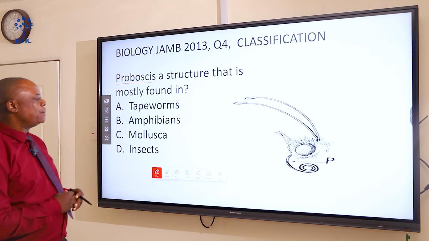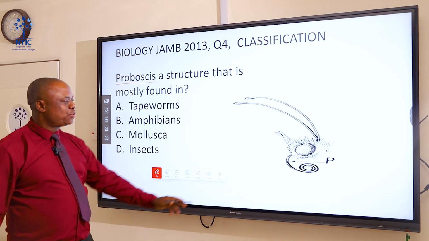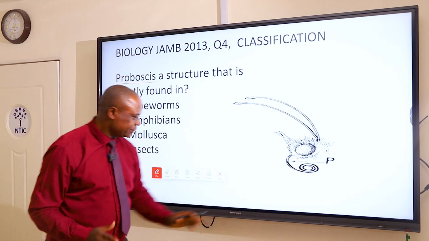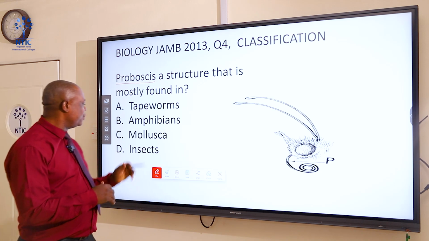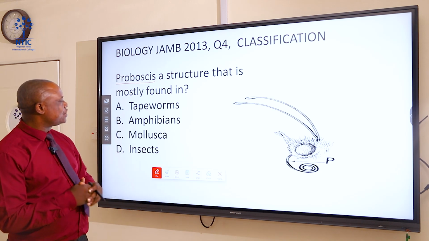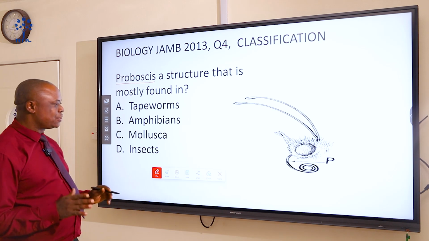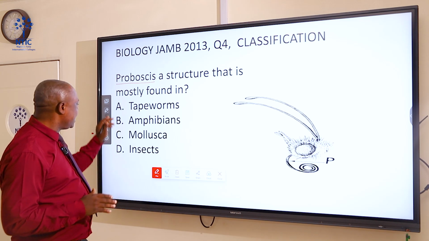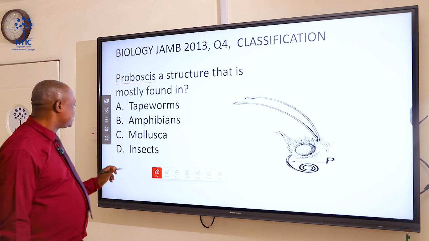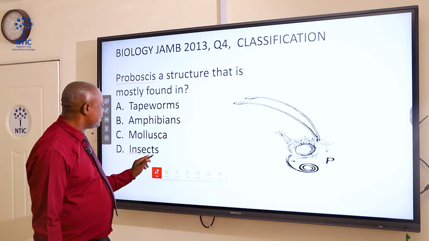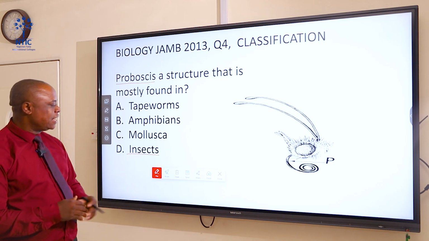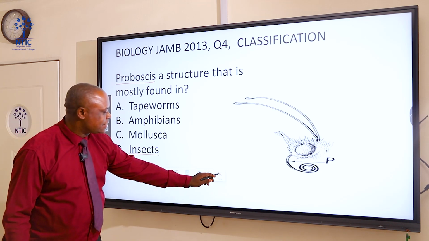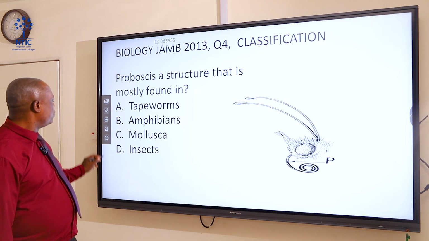From the diagram, you can see the part referred to as the proboscis, labeled P. In the mollusca, you don't have a proboscis. In amphibians, it's not there. In tapeworm, it's not there. The only organism in this option where you can see a proboscis is the insects. Insects have the proboscis. So option D is the answer to the question. So we move to the next.